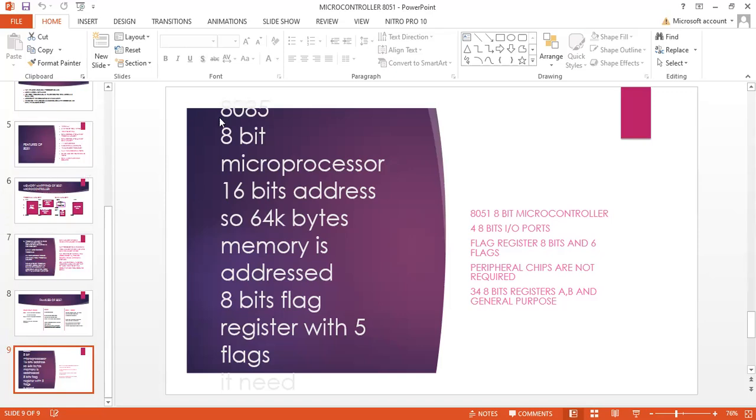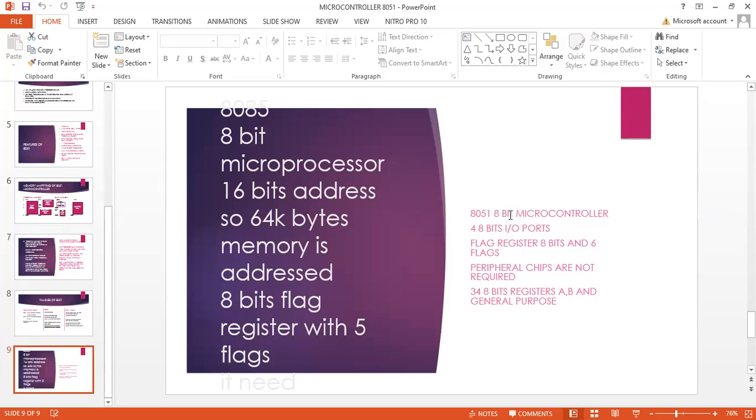But if they ask you about 8085 and 8051, then 8085 is an 8-bit microprocessor, 8051 is an 8-bit microcontroller. Then basically 8085 has 16-bit addresses, therefore it can access 64 kilobyte of memory, whereas 8051 has IO ports. In 8085 you will need the peripheral chips.